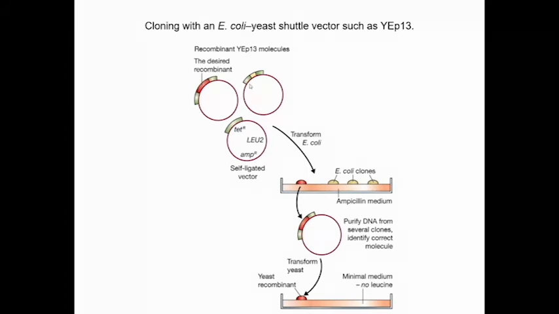Then you could have these 3 different results. One, they perform a self-ligation, so that means no DNA insert. 2, that has an insert that is a non-desired recombinant. And then you have another type of the recombinant DNA molecule that has the desired recombinant, all right?